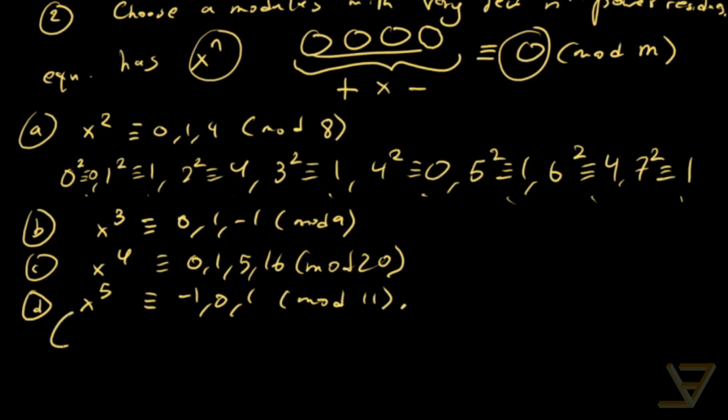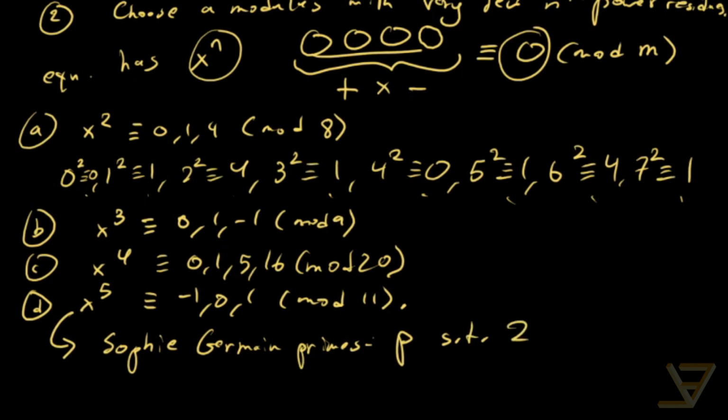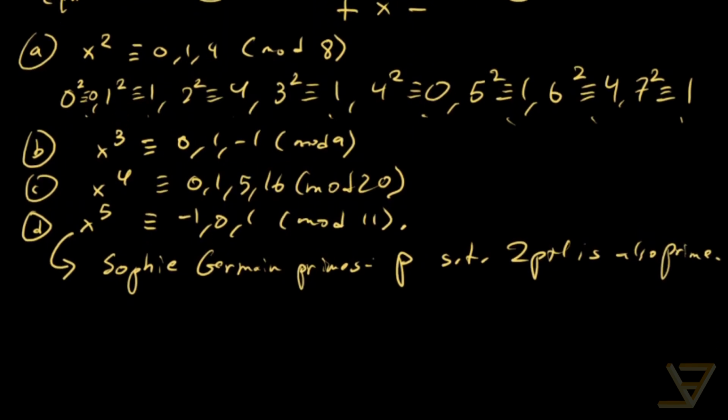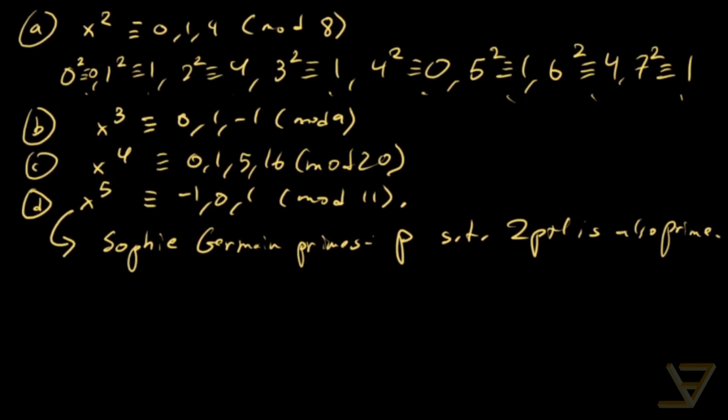This particular one can be generalized to Sophie Germain primes. I don't think it's known if there are infinitely many of them, but Sophie Germain primes are p such that 2p plus 1 is also prime. By Fermat's little theorem, x to the power of 2p is congruent to 1 mod 2p plus 1.